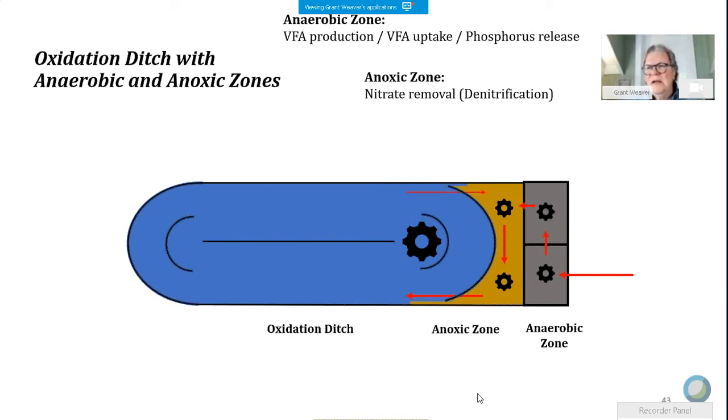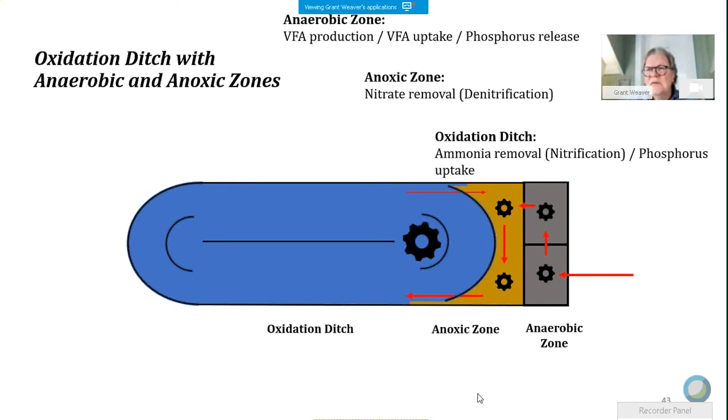So you're creating an environment here that is circulating ammonia-rich wastewater or nitrate-rich wastewater, where the ammonia has been converted to nitrate in the main body of the ditch. It comes back into that anoxic zone and has low enough oxygen that the bacteria convert that nitrate to nitrogen gas.